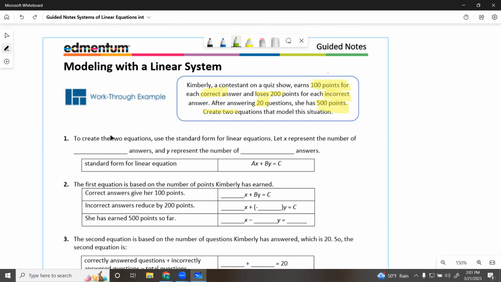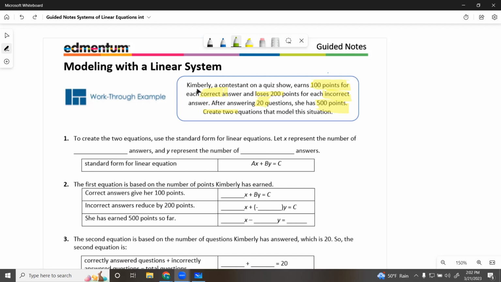All right, so the next page is page 4, I guess, and it's called Modeling with a Linear System. Essentially, I think what they're saying is that you have a word problem and you can model it to solve it by using equations.